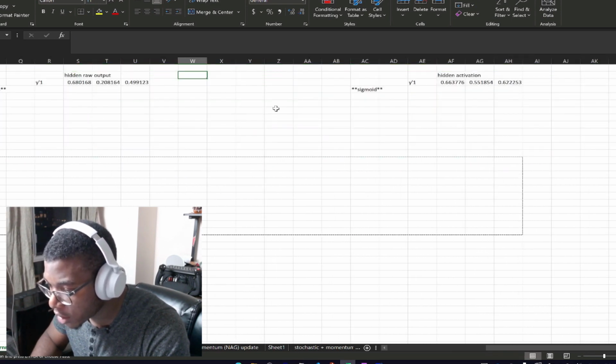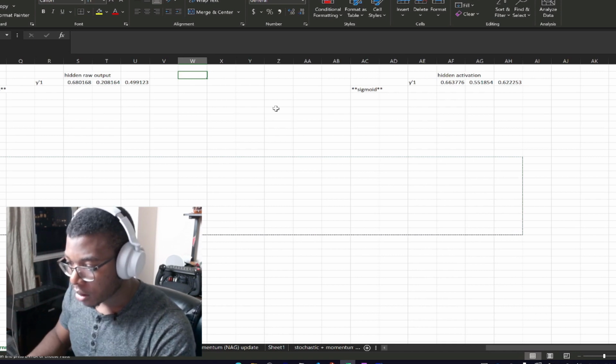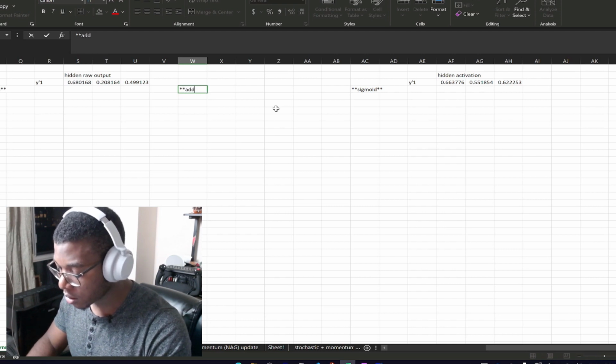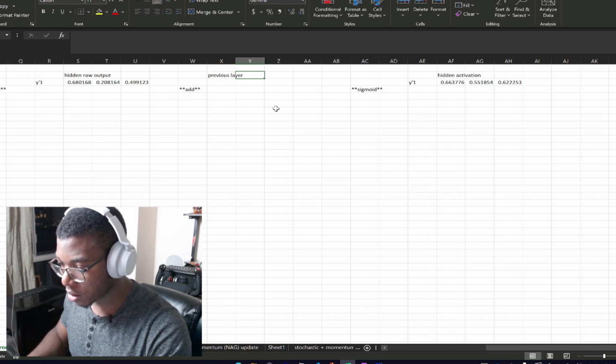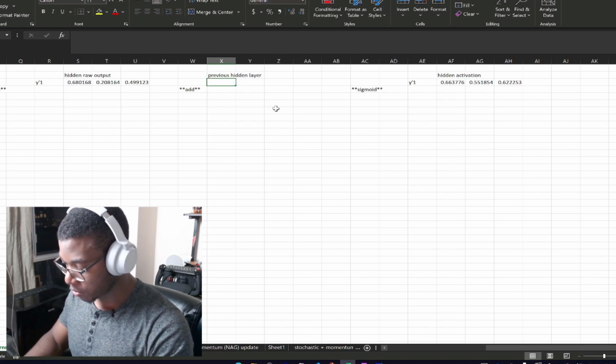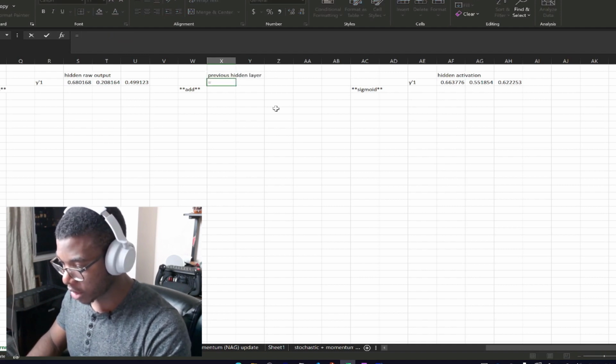Instead, just over here, I'm just going to add this to the previous layer. And then this one is just going to be all zeros for now.